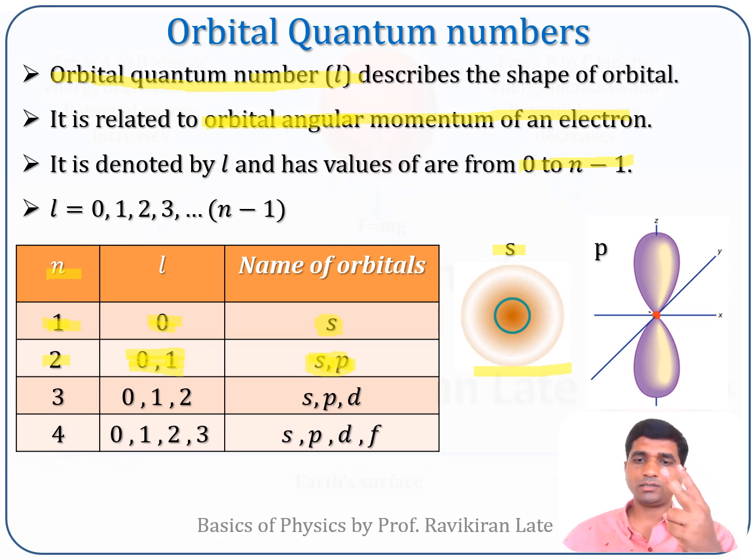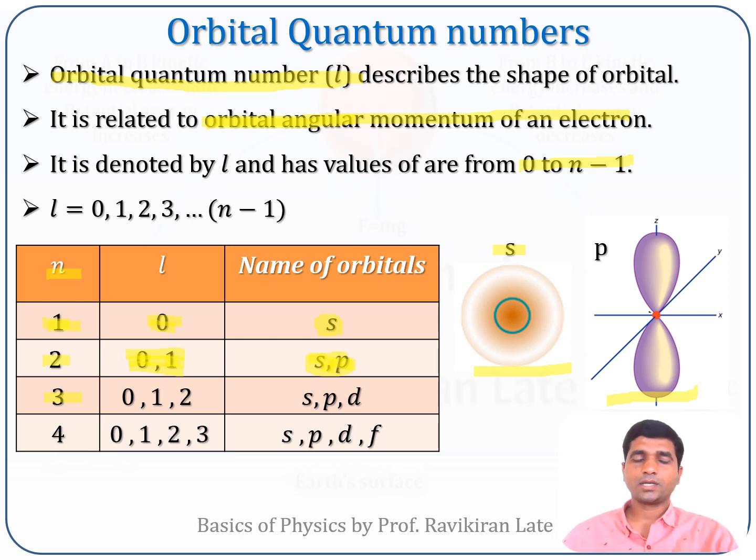So for the second shell there will be two suborbitals, the s orbital and the p orbital. The p orbital, as you can see, is dumbbell shaped. It can have 3 orientations depending upon the values of the magnetic quantum number, which we will discuss in the next slide.